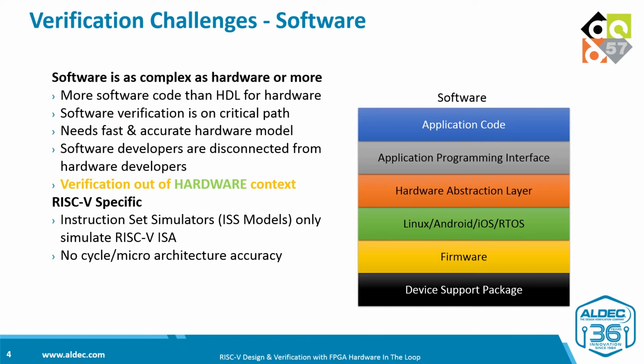Cycle accuracy can be found in the actual RTL code of the RISC-V core, but again, Verilog or VHDL simulators have orders of magnitude lower performance than expected by software developers. The situation gets worse if the RISC-V core contains custom instructions, and the software toolchain has to account for that.